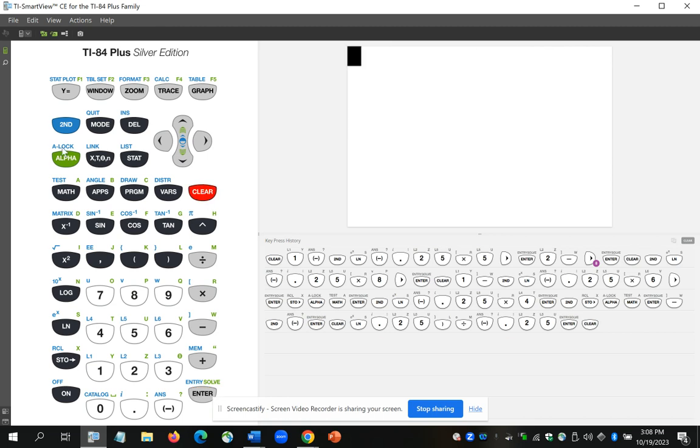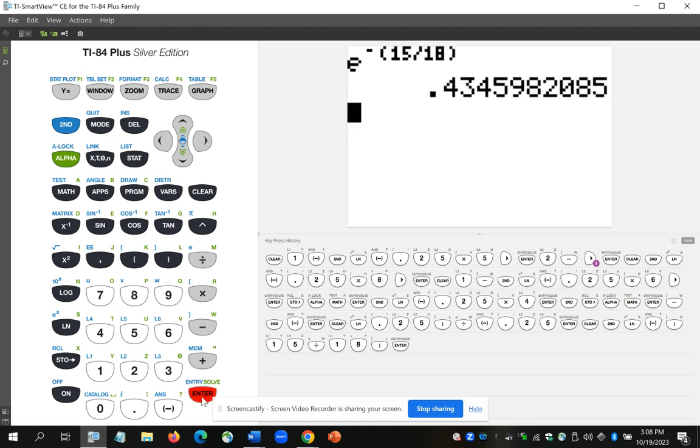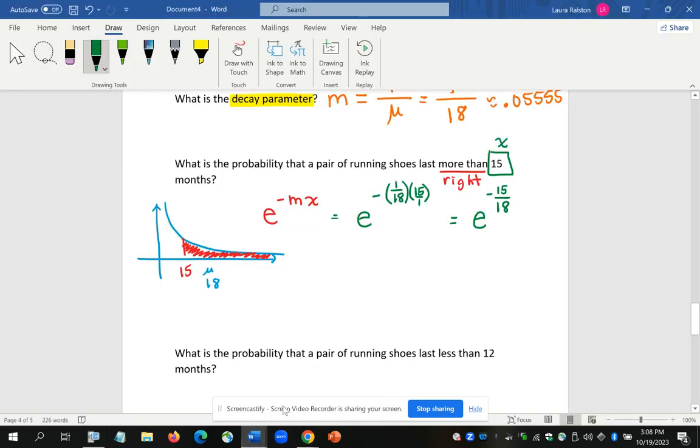Okay, so on my calculator, second ln, my e pops up, negative, and I'll put my parentheses, 15 divide 18, close them up, enter, and I get 0.434598 and so forth.